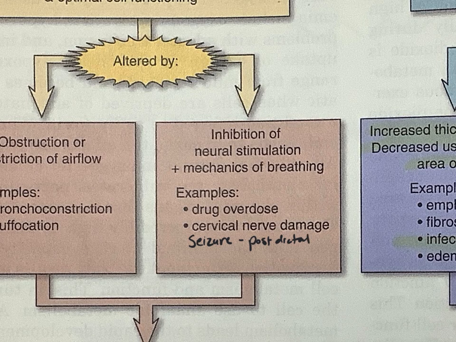I may have spelled that wrong. How about traumatic brain injury? Something that's going to cause trauma to the brainstem and impact that control. We're going to be worried about it.